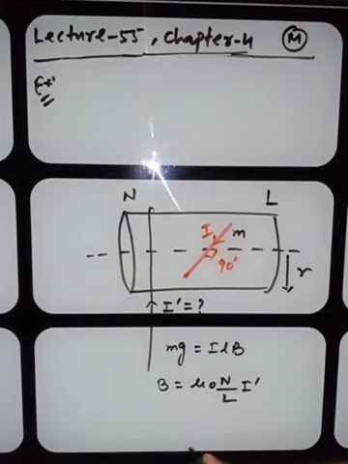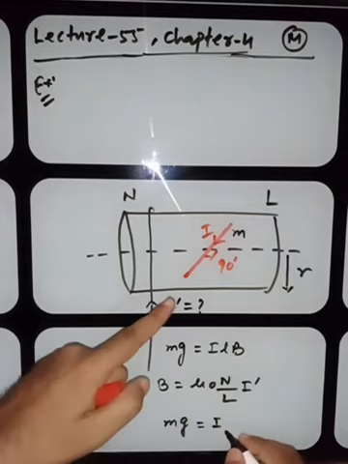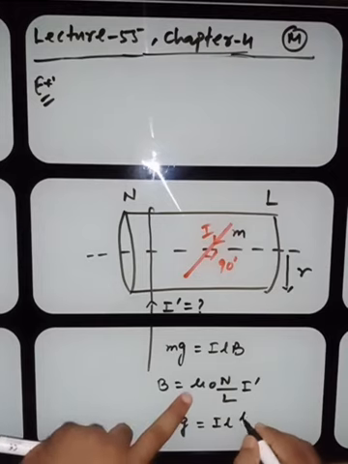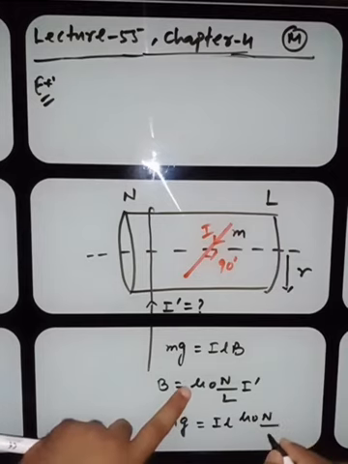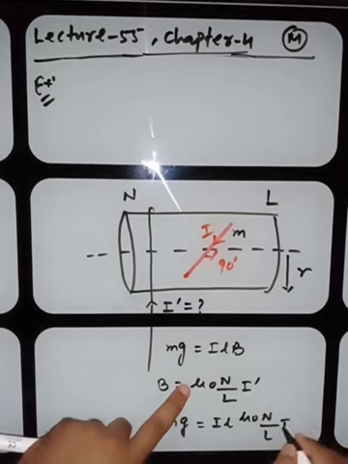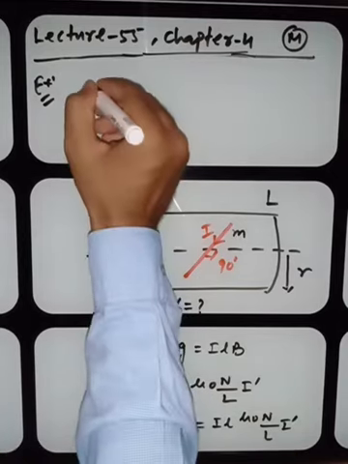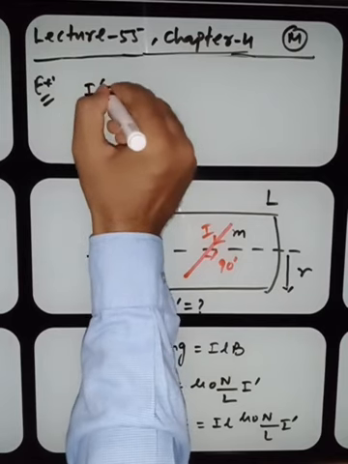So you can see mg is equal to I, the current flowing through this conductor placed inside the solenoid, times L, the length of the conductor, times B, and in place of B you can put mu naught N by L I dash. Now you have to find this I dash. All the values are given, my dear students. I hope you can solve this now.